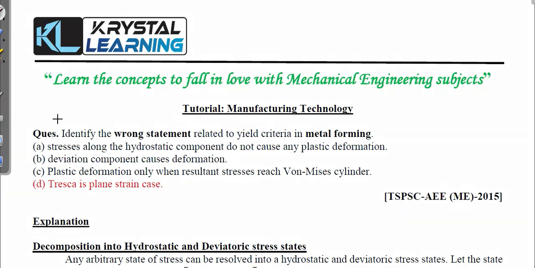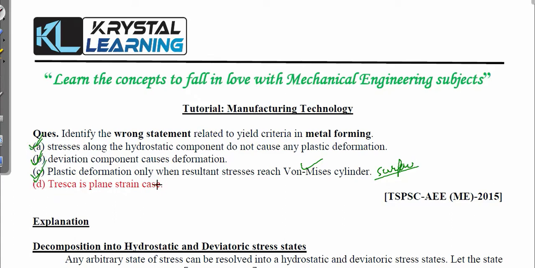So we have seen these two options to be correct. Now it is saying plastic deformation will occur only when the resultant stress reaches the von Mises cylinder surface. Okay, von Mises cylinder surface. So this is also true, because after reaching the surface, plastic deformation starts, and inside the cylinder there is only elastic deformation. This is right. Means A, B, C are right.